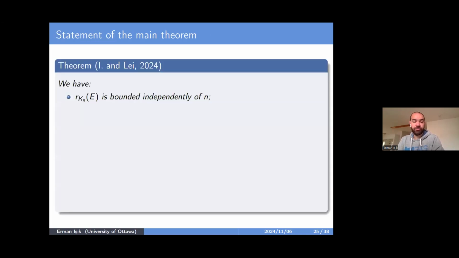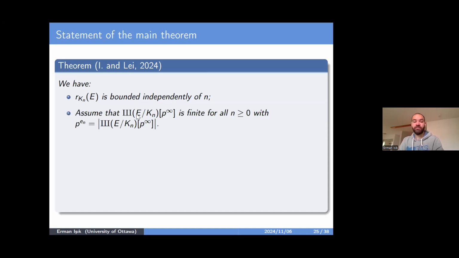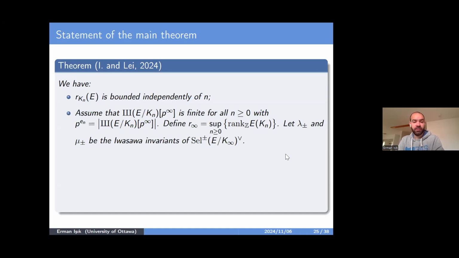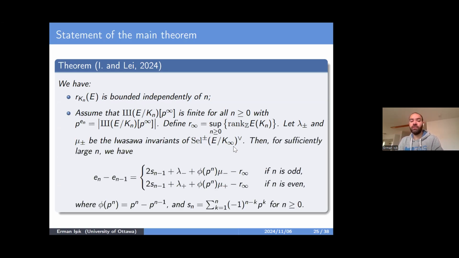And this is what we proved. The Mordell-Weil ranks of E over these finite layers are bounded independently of n. If we assume the p part of the Tate-Shafarevich group is finite and define r infinity due to this result, and denote the Iwasawa invariants for the plus-minus Selmer groups, we have the following formula.